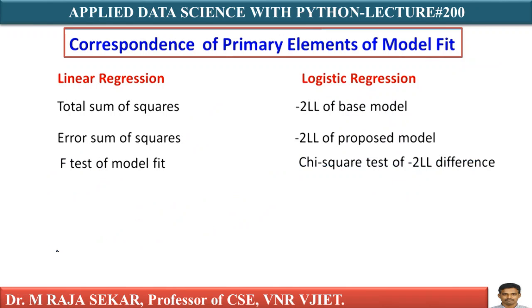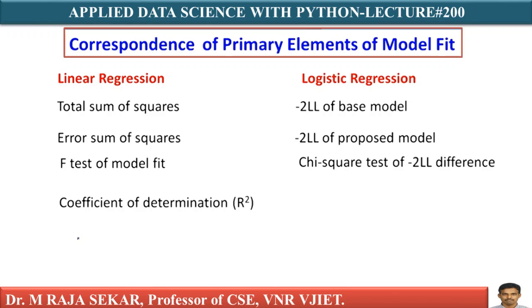There is another difference, coefficient of determination, that is R squared value. We discussed a lot on this coefficient of determination in my previous lectures. In linear regression, to explain the model fit, that is the goodness of the model, the term used is coefficient of determination, that is R squared value.